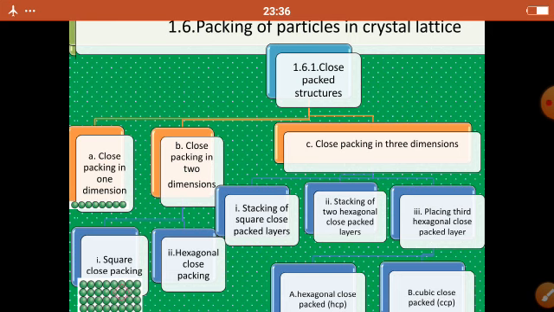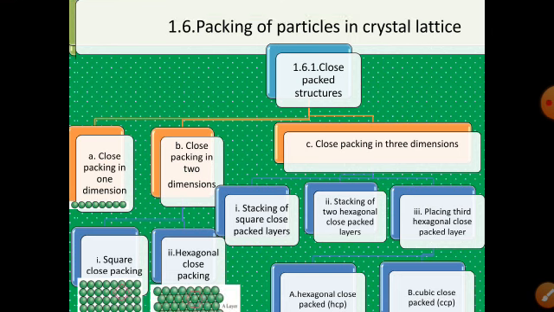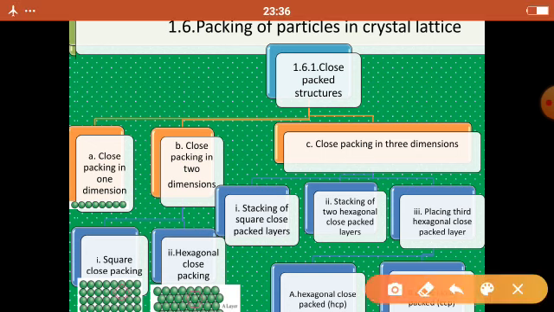Next we'll see hexagonal close packing. In hexagonal close packing, the second row particles are placed in the depressions. Depression means what? Suppose this is one sphere, this is the second sphere, and suppose this is my row. So this point is called a depression.